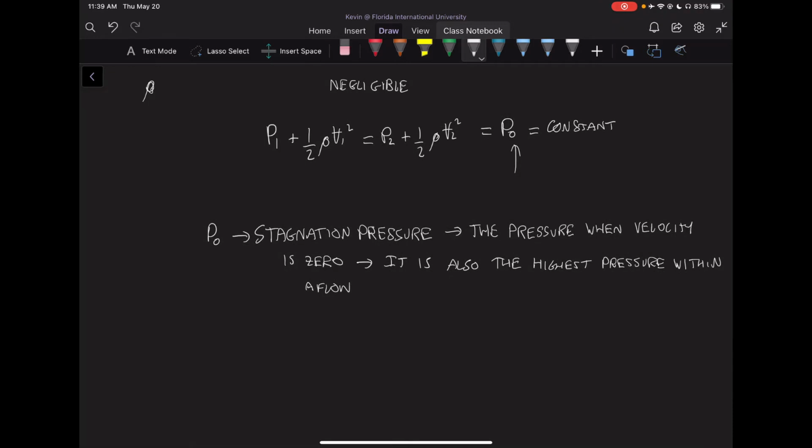In the equation above, we can say that P1 and P2 are called static pressures. And a static pressure is just the pressure if nothing was moving. It's just a static pressure.